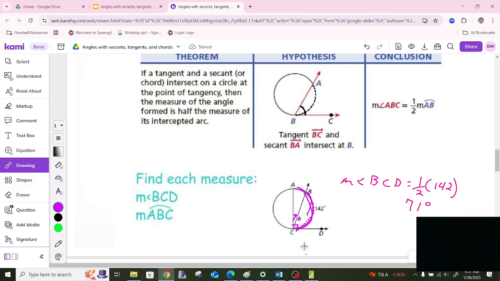And if I take 90 and double it, that will give you arc ABC. So what's arc ABC when I take 90 and times it by 2? That's 180. So AC actually has to be a diameter because it's cutting the circle in half.